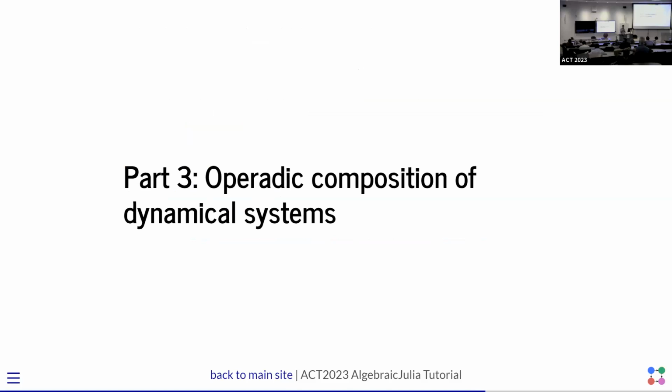Okay, so that's it for part 2. We've got a few minutes left until the coffee break. I can take any questions now, and then we can pick up with the exercises for this part when we get back.